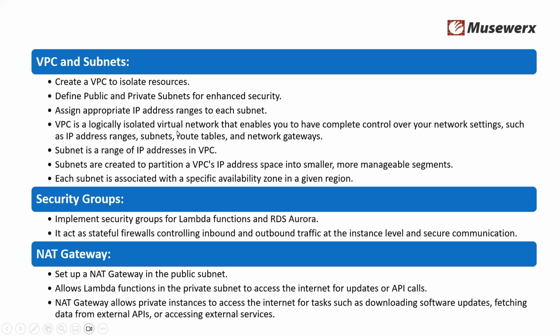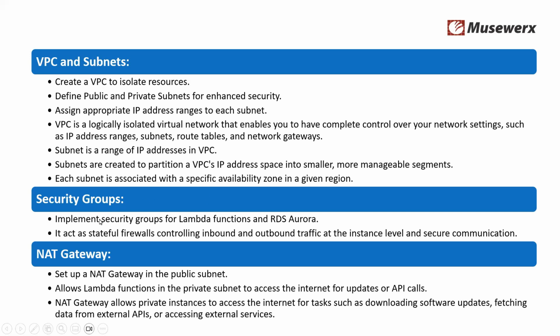A VPC is a logically isolated virtual network that enables you to have complete control over the network settings, such as IP addresses, subnets, route tables, and network gateways. A subnet is a range of IP addresses in a VPC, and subnets are created to partition a VPC's IP address space into smaller, more manageable segments.